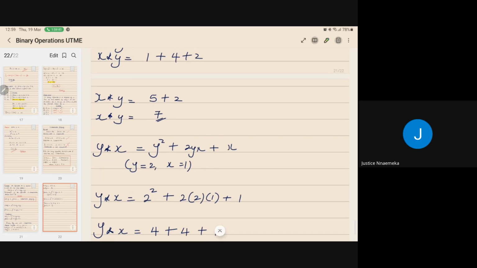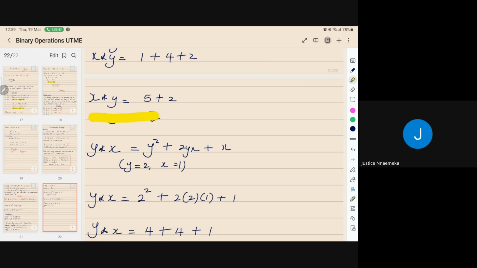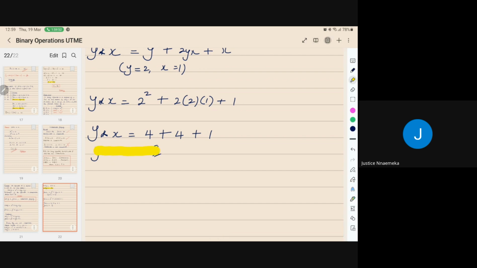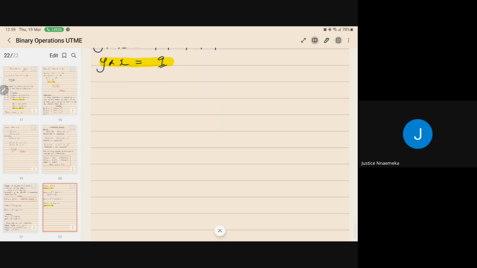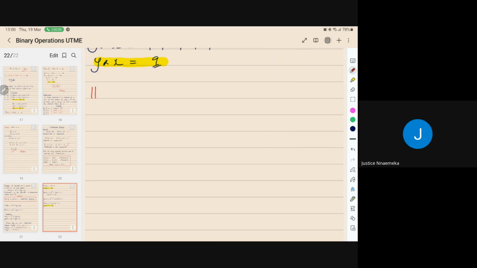So can you see it now? This one gave you 7, but when you swapped it, it didn't give you the same number. Hence, for the set R, x asterisk y is not equal to y asterisk x.